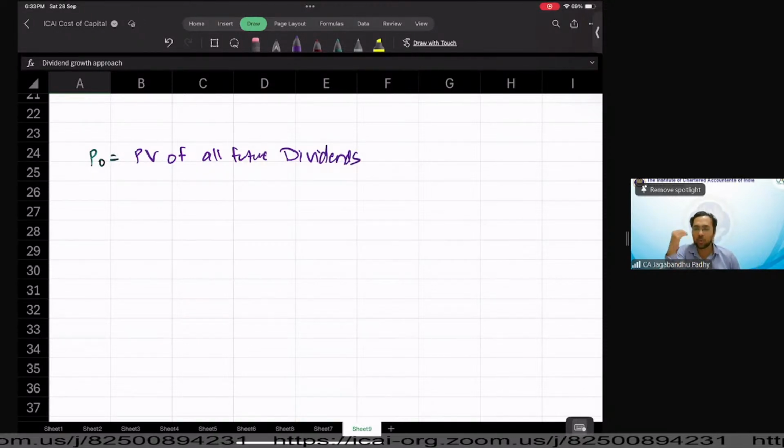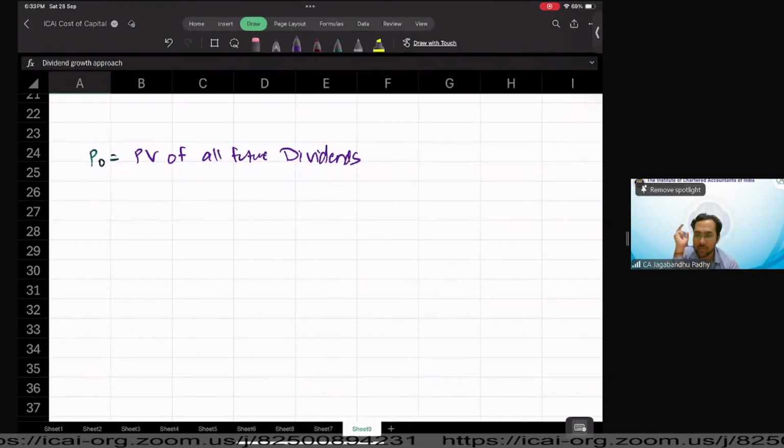So the price of today, whatever price you pay to acquire any asset, you invest money only if you see some benefit coming to you in future. Am I right? Yes or no, guys? You always spend time and money only on those areas where you see some benefit is going to come in the future.